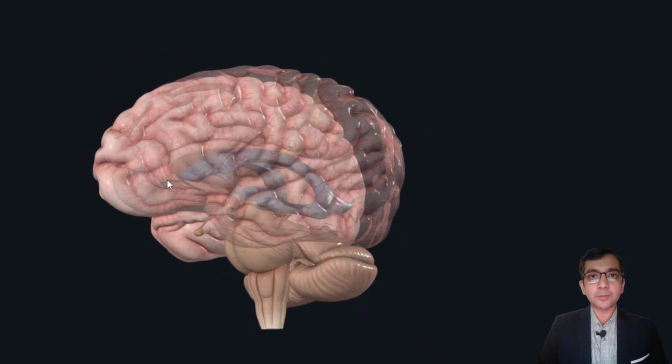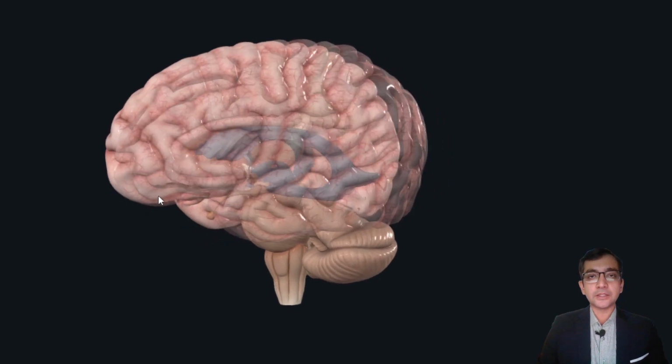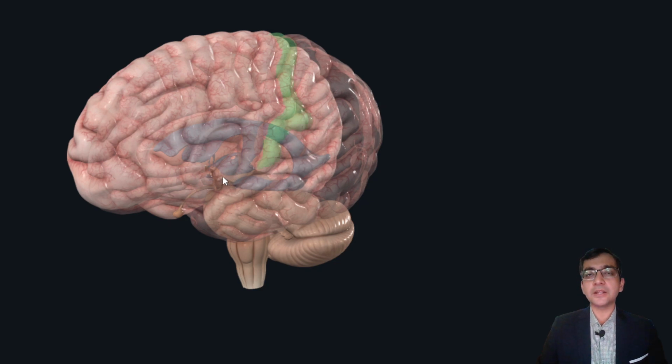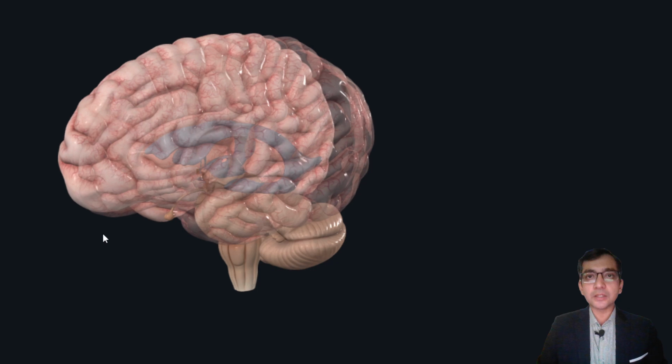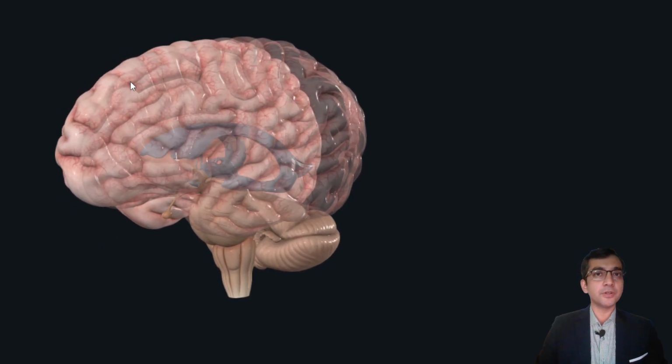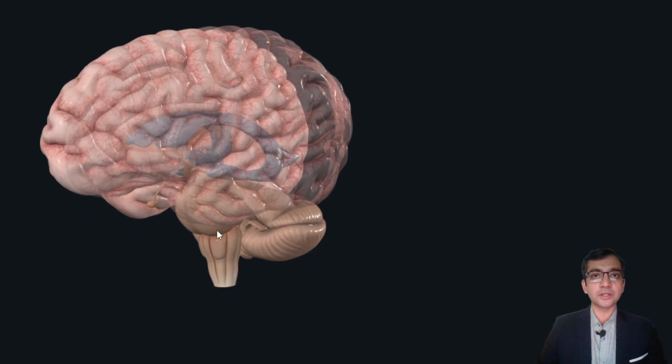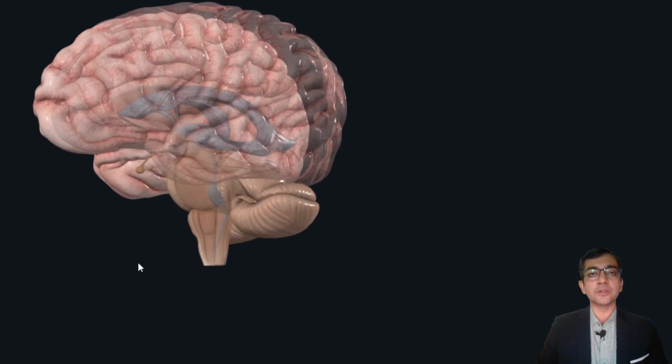The lateral ventricles are present in the forebrain, in the telencephalon, the cerebral hemispheres. Then there is the third ventricle that is present in the diencephalon between two thalami, and then there is the fourth ventricle. You will shortly see it now as I make this part transparent. So here is the fourth ventricle that you can see.